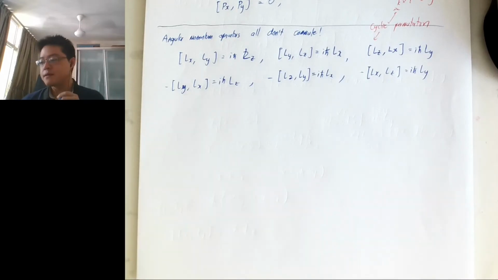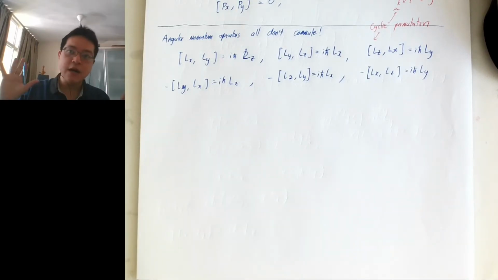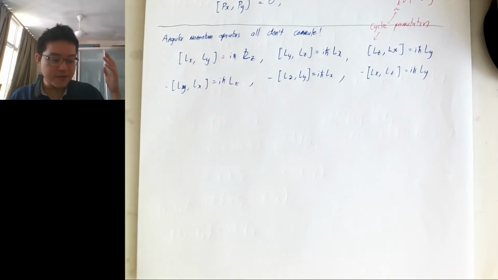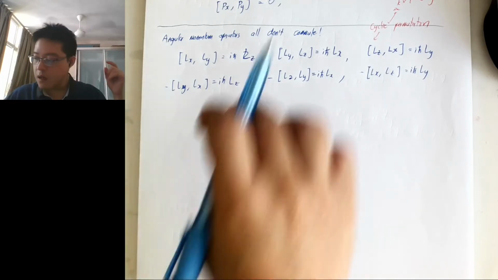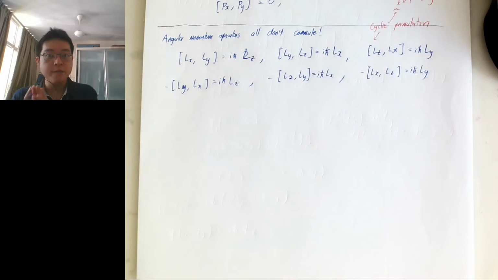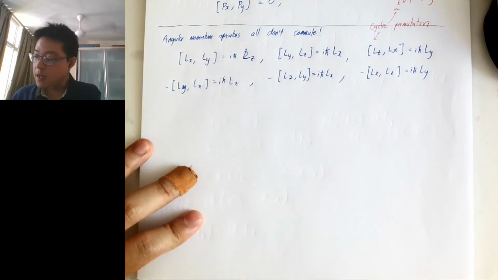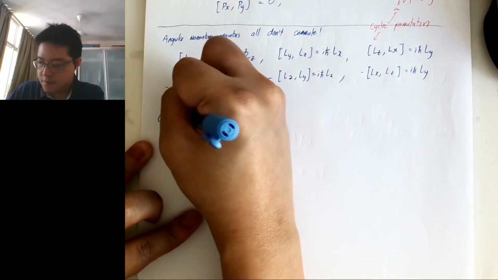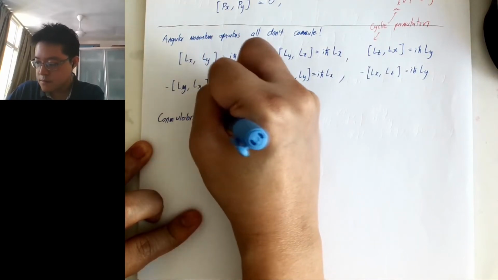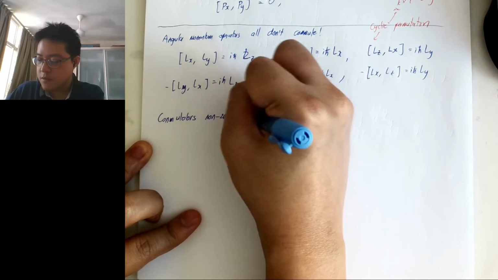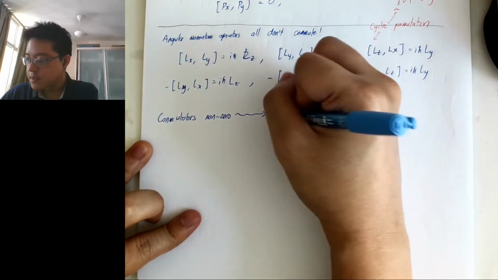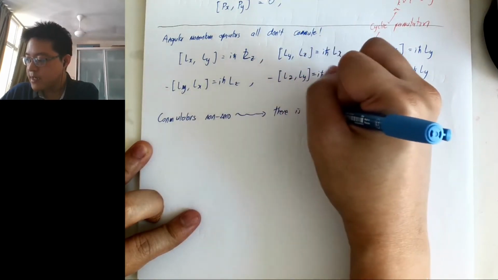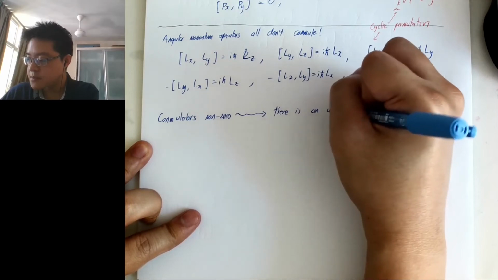But now why do we want to calculate the commutator? Well, the main reason is because the commutator is not zero, right? Commutator non-zero. So the consequence is there is an uncertainty principle.